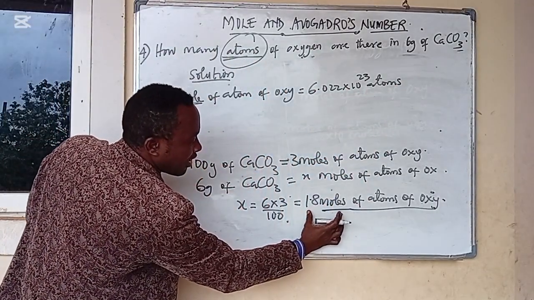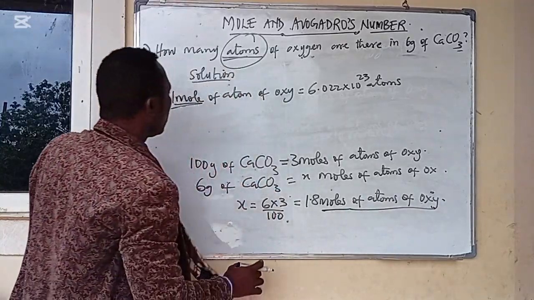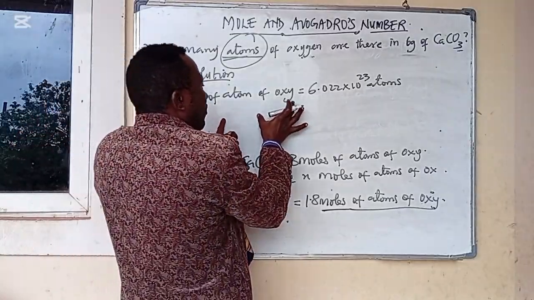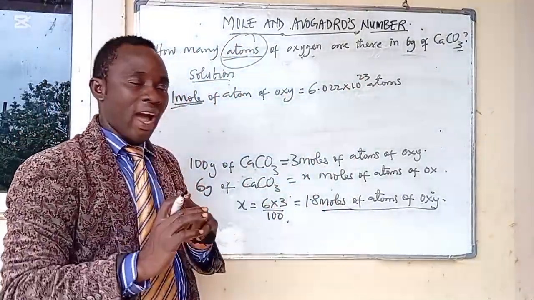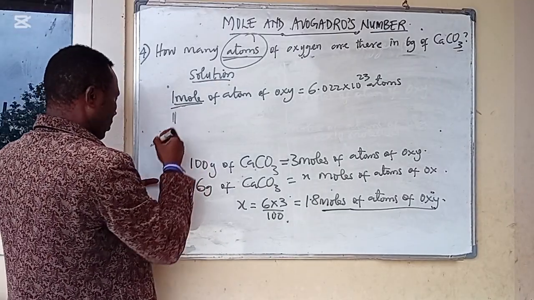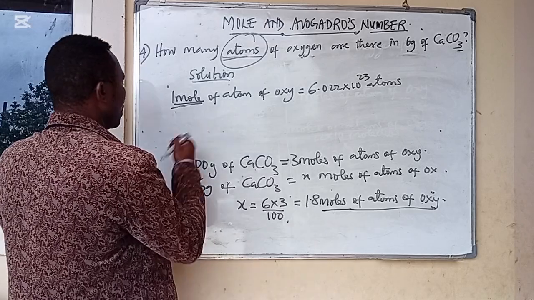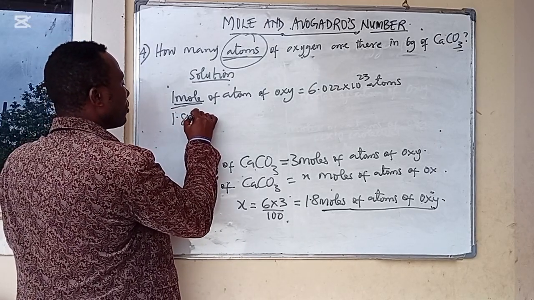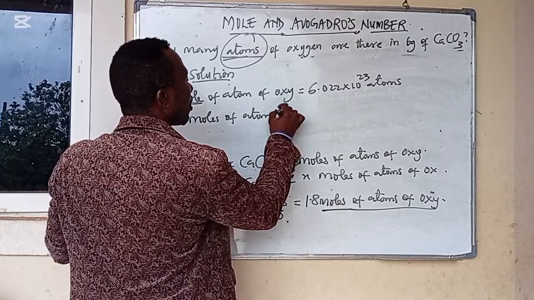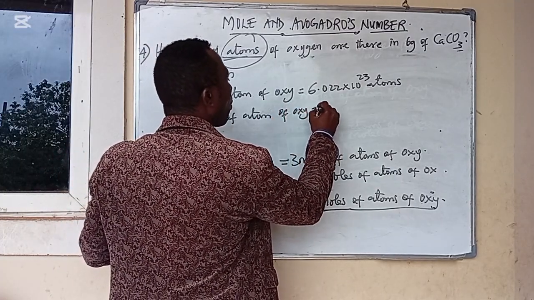Then the one we calculated is 1.8 moles of atoms of oxygen. So by standard, if 1 mole of atom of oxygen will give us this number of atoms, then the one we got from our calculation, which is 1.8 moles of atom of oxygen, what will it give us?